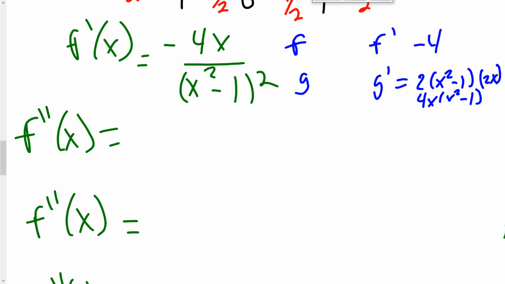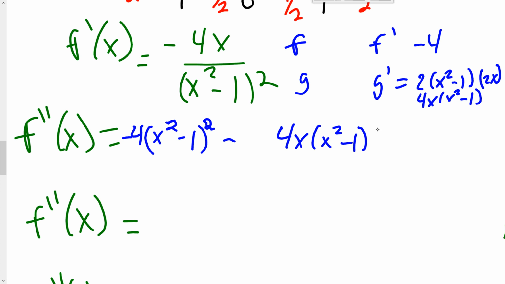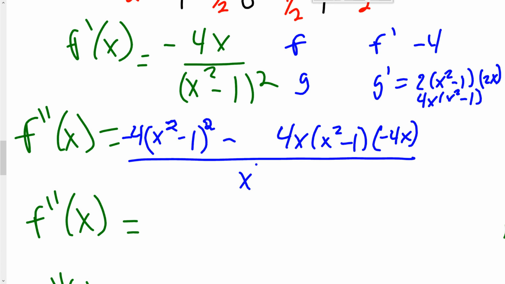Okay, so now I go ahead and take g, which is x squared minus 1, and I times that by, squared, and I times that by f prime, which is negative 4, so I'm just going to put that out front, and then minus g prime, which is 4x, times x squared minus 1, and I'm going to times that by f, which is negative 4x, all over g squared, so that'd be the bottom squared, so that'd be to the 4th.